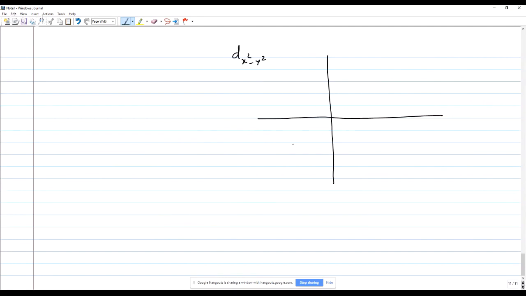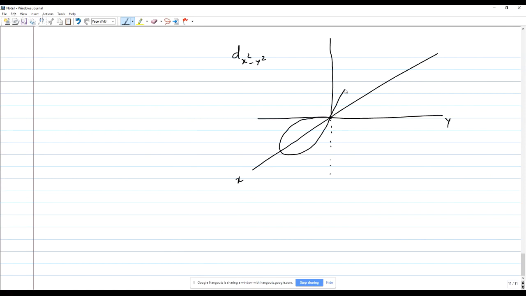Suppose you write this as the x-axis and this is the y-axis, and let us do the z-axis this way. The dx square minus y square is a function that basically is pointing along the x-axis and along the y-axis.